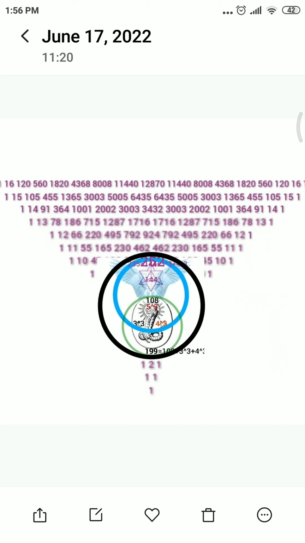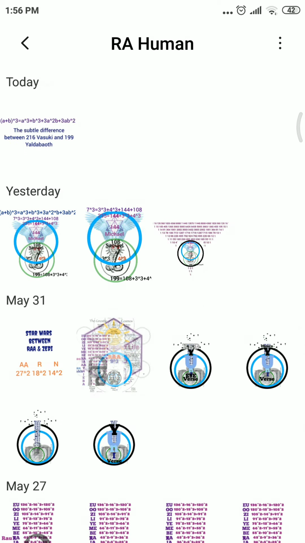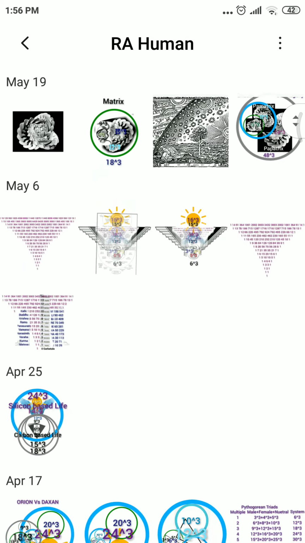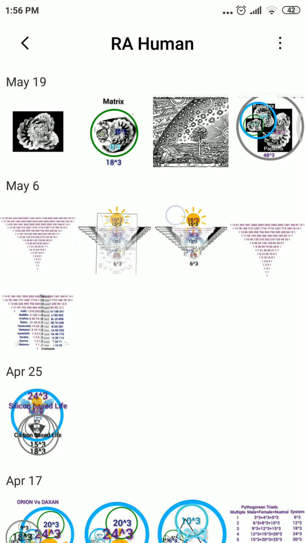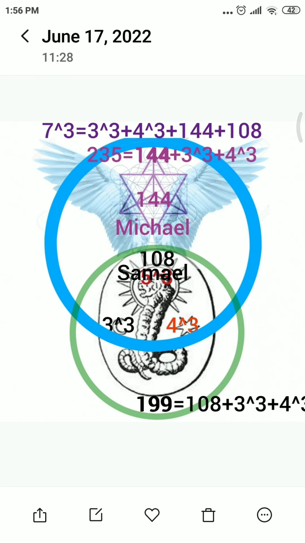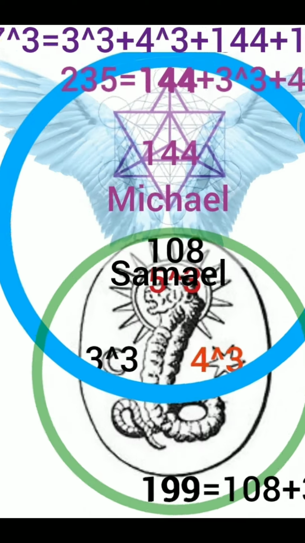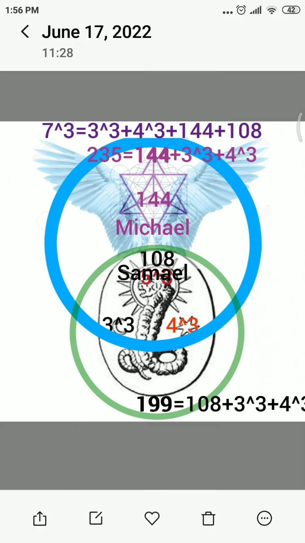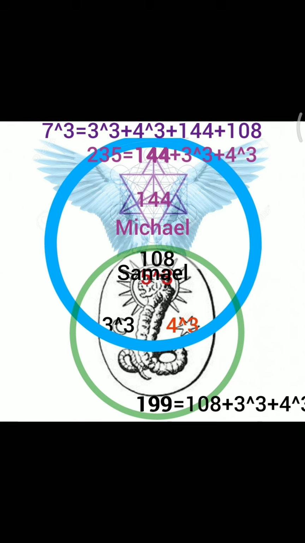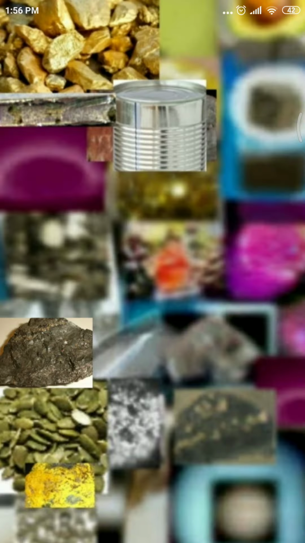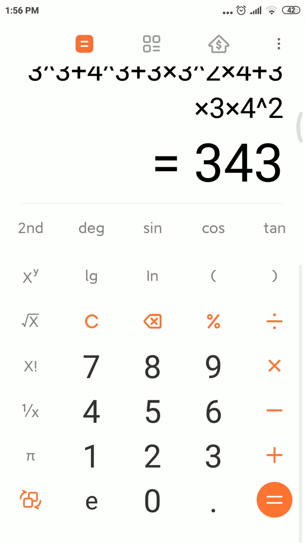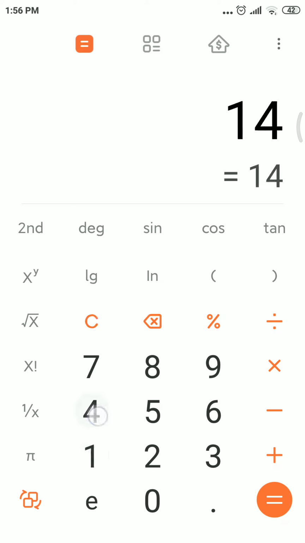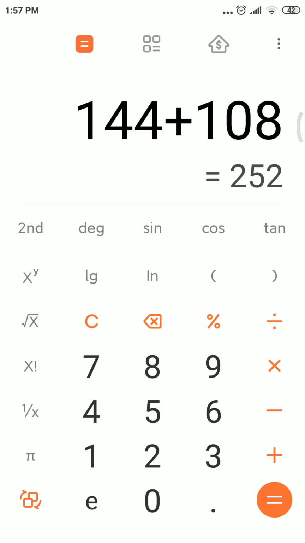Now there is one more thing I wanted to bring to your notice. Before that, I need to tell you one more thing. We have split this 7 cube into 4 parts, and if you take the sum of 144 and 108, that gives you 252.